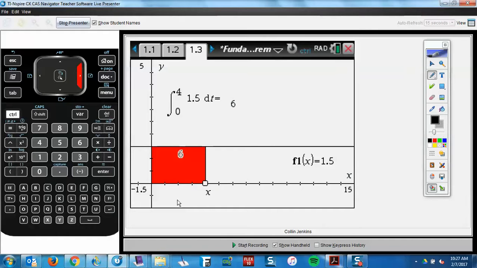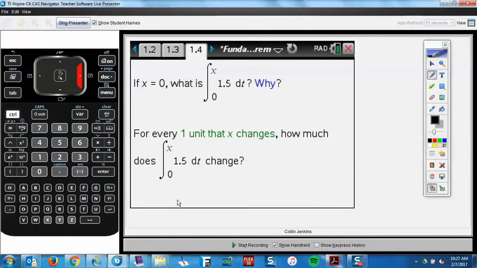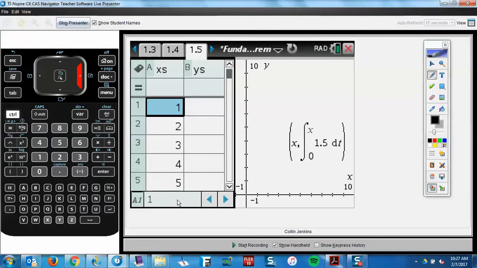Okay, so if x equals 0, what's the area? So the area from 0 to 0 is 0 because there's no width, so you can't have any area. Every time we move over 1, how much area did we gain? 1.5. Makes sense. We gained a rectangle of area, 1.5 tall and 1 wide every time. Let's fill in the y column, Colin.